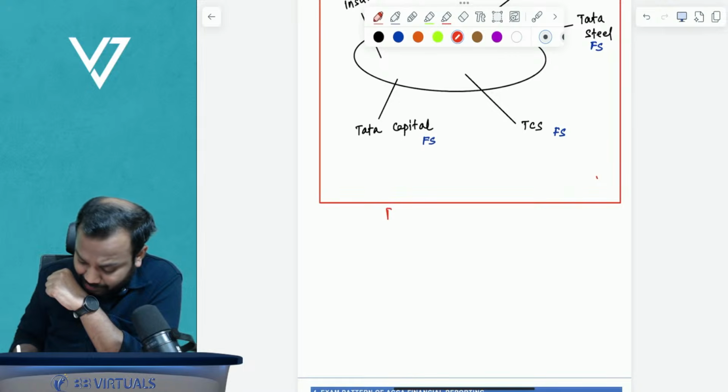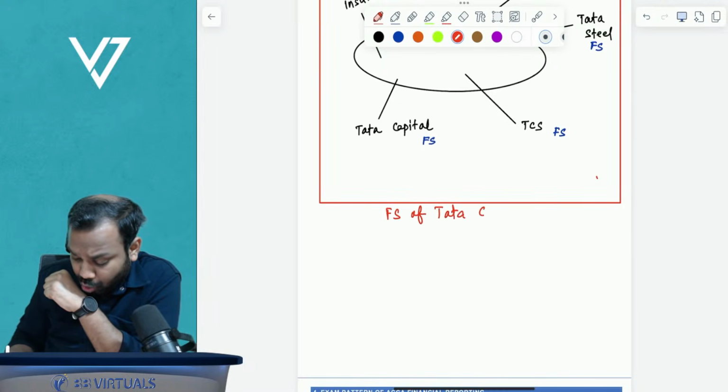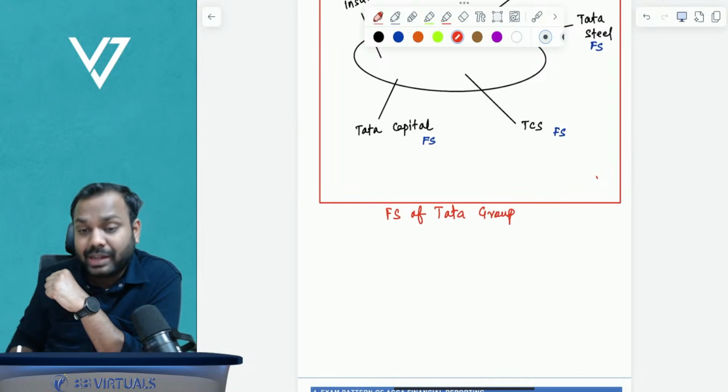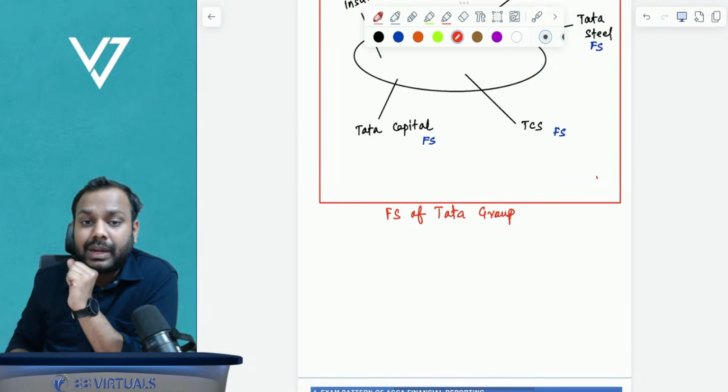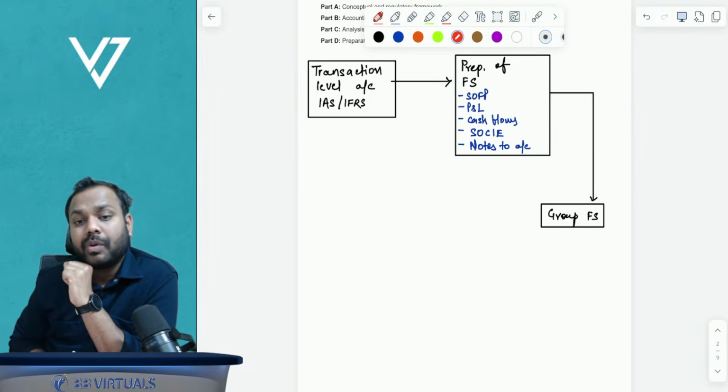This is called group financial statements.